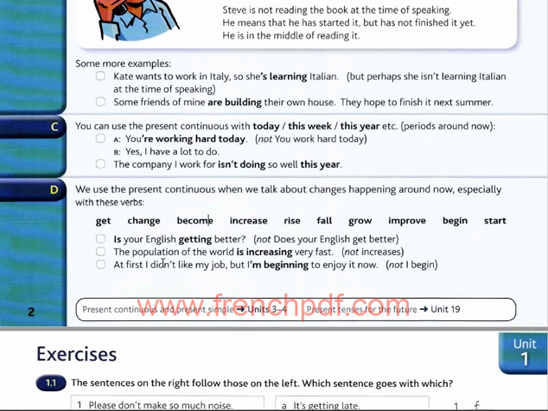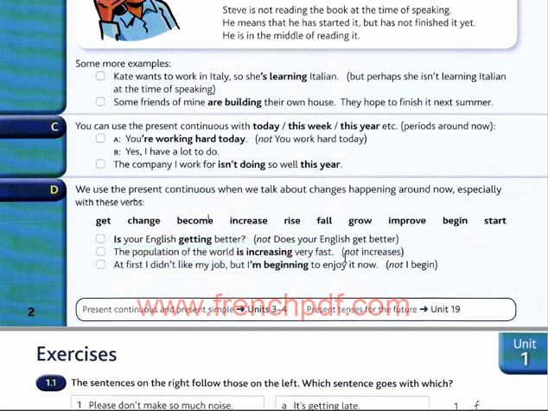The population of the world is increasing very fast. You cannot say the population of the world increases. Why? Because the increasing population is an action that changes day by day and never stops and never finishes. So you have to use present continuous. You'll say the population of the world is increasing.